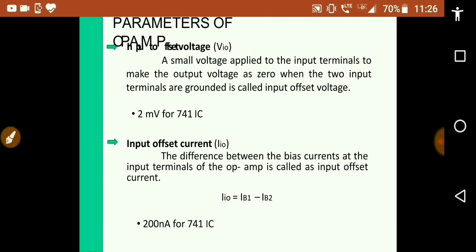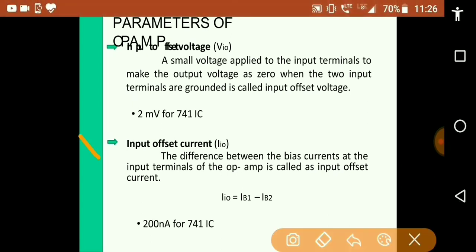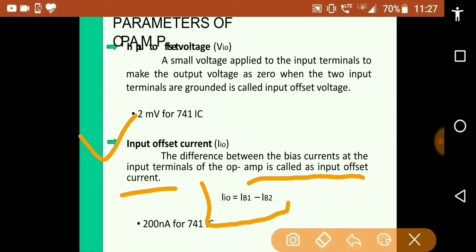Next is input offset current. The difference between the bias currents at the input terminals of an operational amplifier is called the input offset current. So input offset current IO equals IB1 minus IB2.